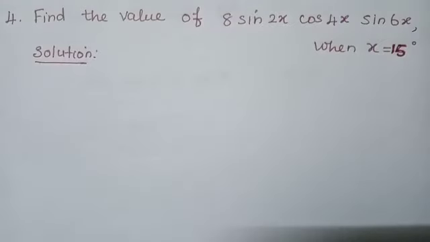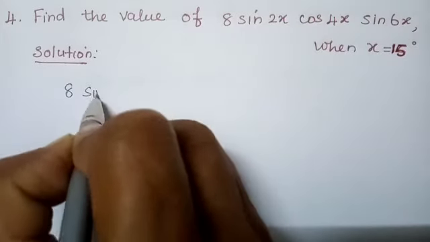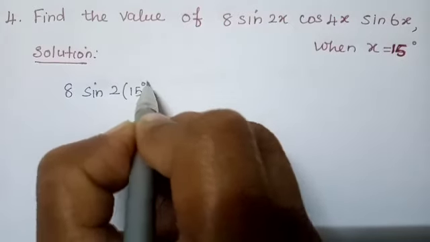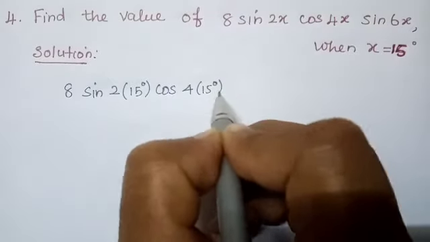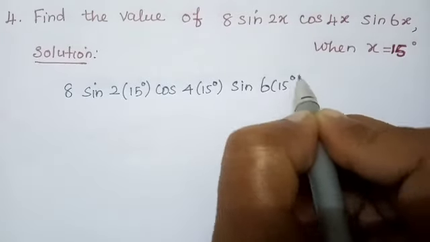Question number 4. Find the value of 8 sin 2x cos 4x sin 6x where x equal to 15 degree. This is also same like the previous problem. In the place of x, we have to substitute 15 degree. So here 8 sin 2x, that means 2 into 15 degree, cos 4x, 4 into 15 degree, sin 6x, so 6 into 15 degree.